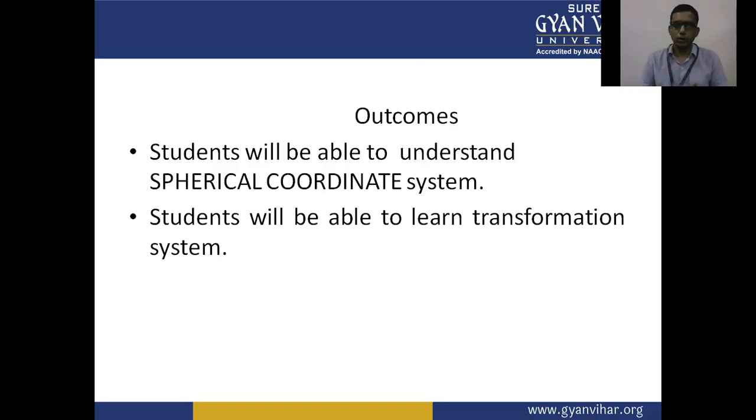We also know that the cylindrical coordinate system is known as a circular coordinate system, and the second name of the spherical coordinate system is the conic coordinate system.